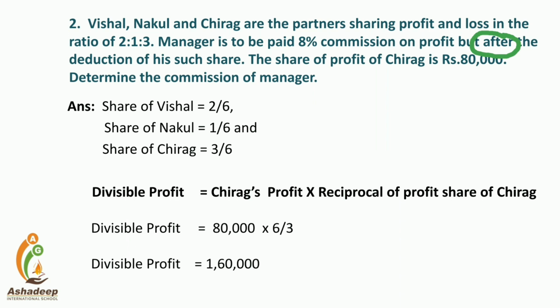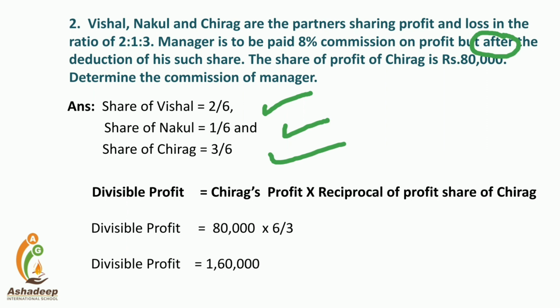The share of Vishal is 2 by 6, the share of Nakul is 1 by 6, and the share of Chirag is 3 by 6. In this question, one partner's profit share, Chirag's, is given, and that is rupees 80,000. So from this value we can find the divisible profit.